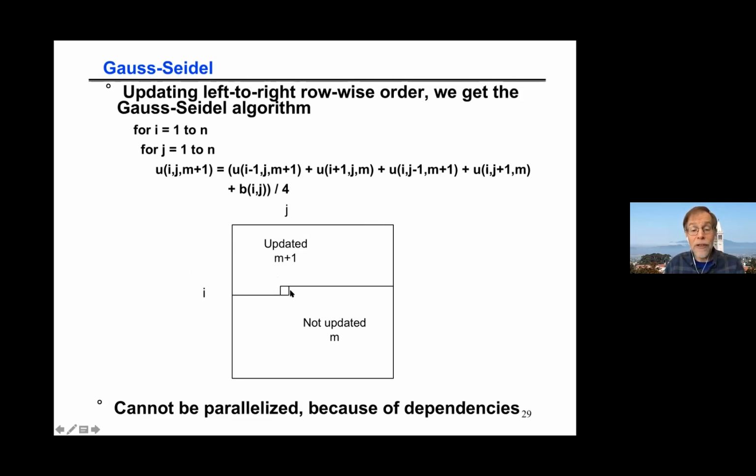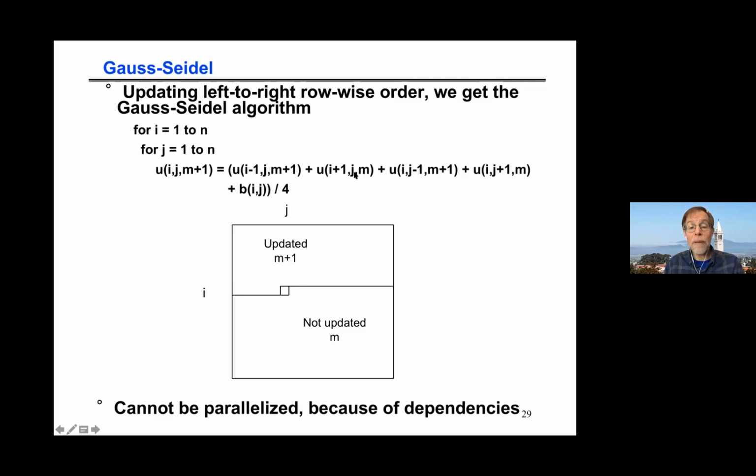I have 4 nearest neighbors. The ones above me and to my left, I've updated. I updated that one just a moment ago, but these are not updated yet, because I haven't gotten there. And so these 2 nested loops say, for each row and then for each entry of the row, I'm going to take the latest value of the one above me and to my left.